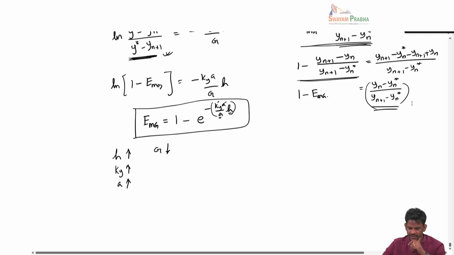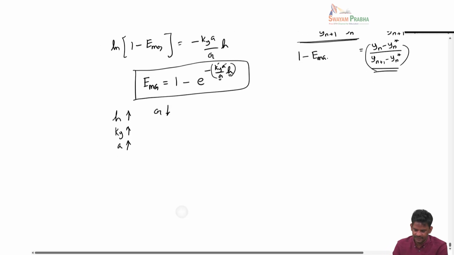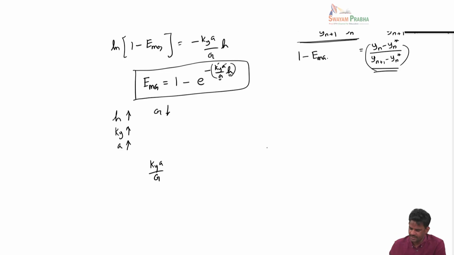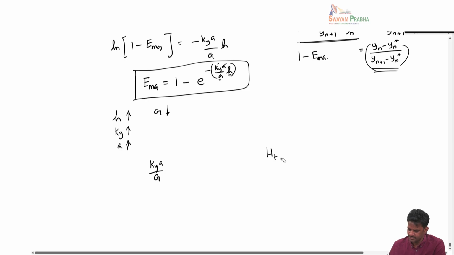Now when you look at this term, you can see that we have this term Kya by G. What does this mean? This group of terms we have defined somewhere before. This is the inverse of the height of a transfer unit, right? If you remember, in the packed column we defined HTOG as G by Kya.